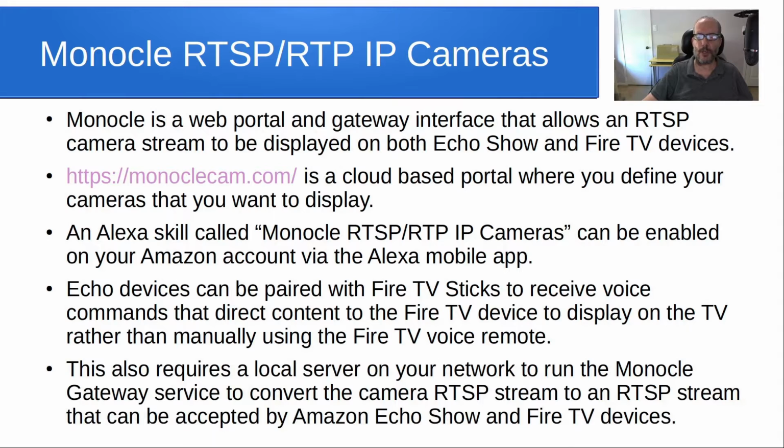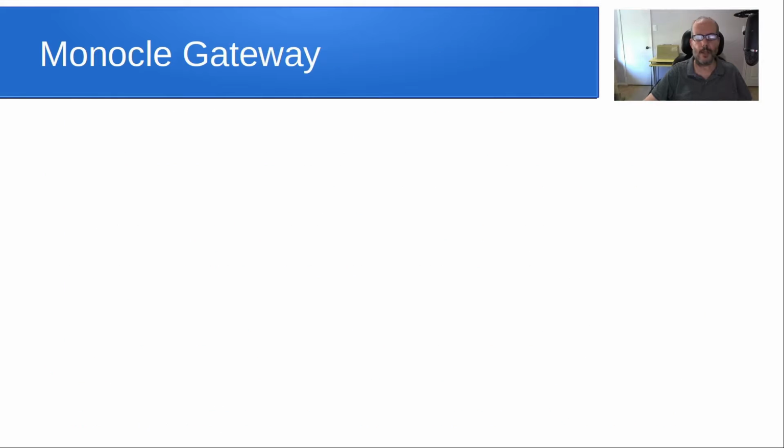So this also requires a local server on your network to run something called the Monocle Gateway Service to convert the camera RTSP stream to an RTSP stream that can be accepted by Amazon Echo Show and Fire TV devices.